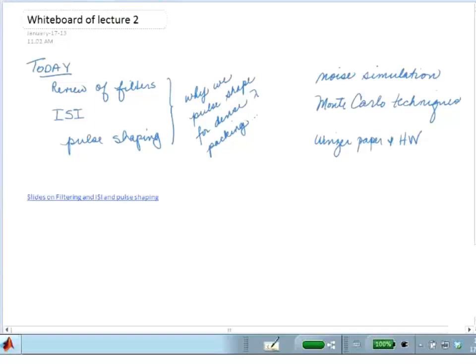Following that, we'll be talking about how we can use pulse shaping to overcome some of these deficiencies. The motivation behind this section of the course today is to explain why we use pulse shaping and how it's good for dense wavelength packing.